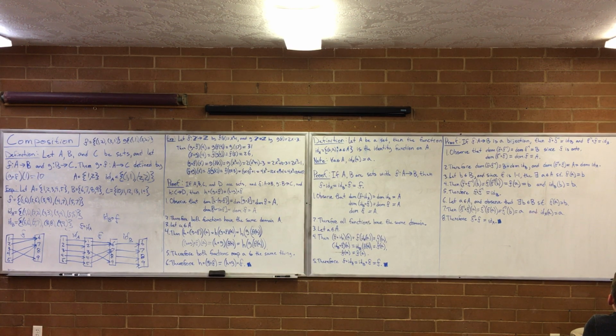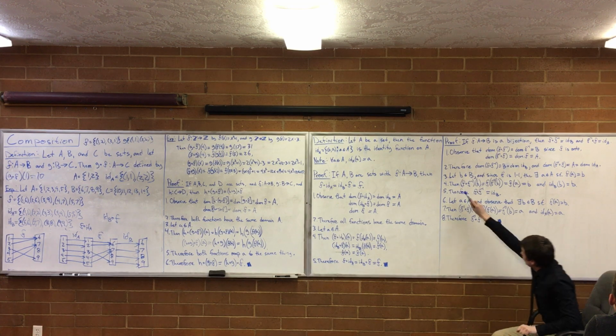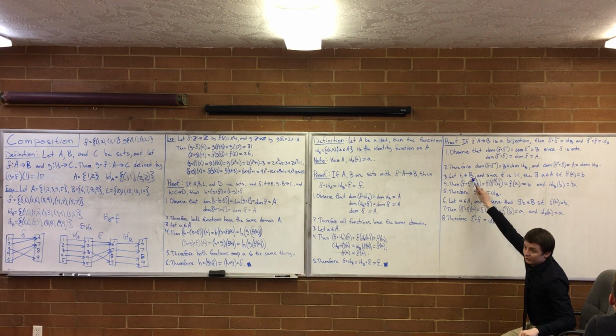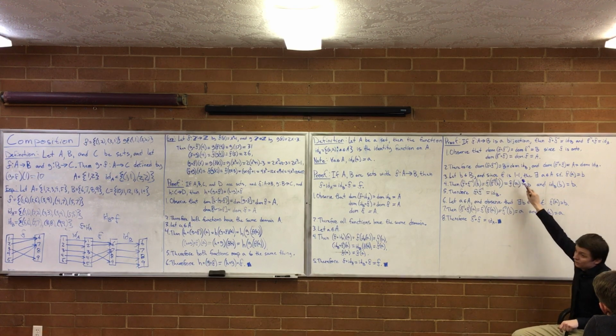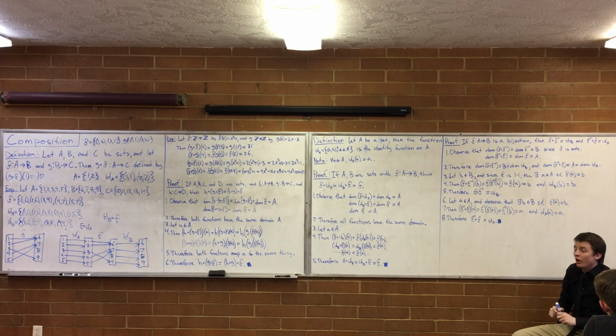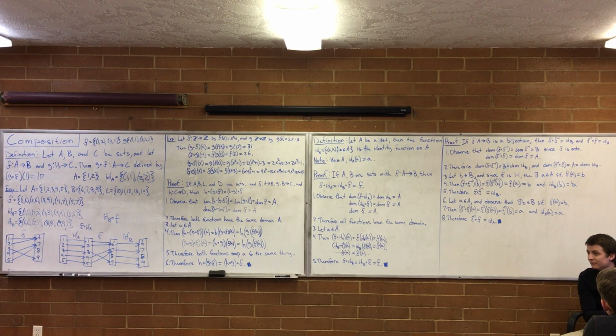Beautiful. It equals B. What's the domain of the identity on B? B. So grab something out of their domain. Let B be something out of their domain. I'm grabbing some element out of their domain and showing they both map in the same way.